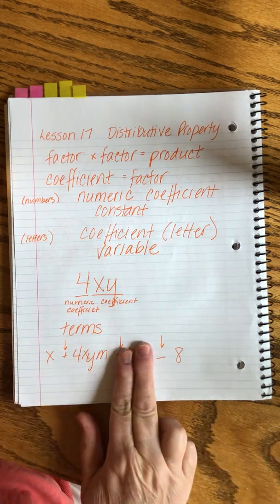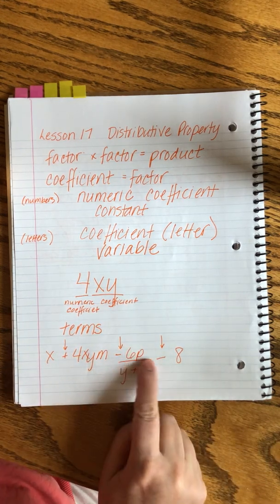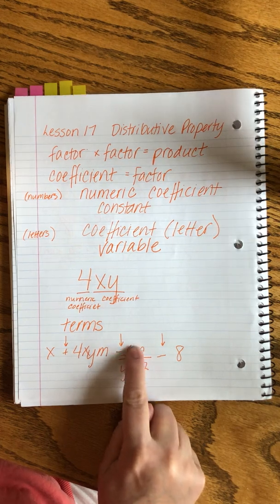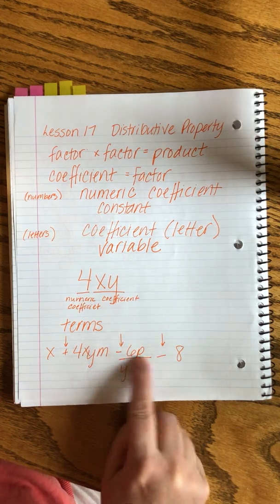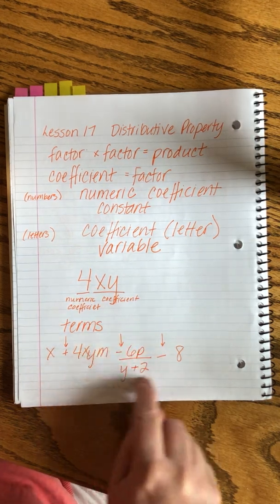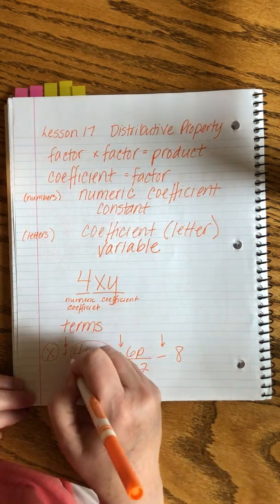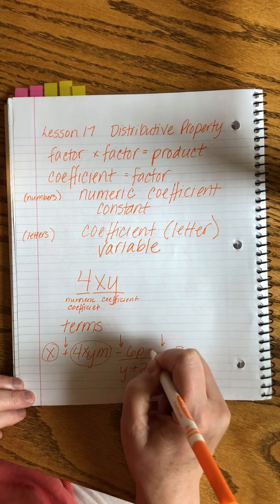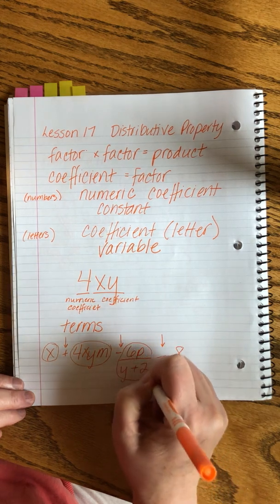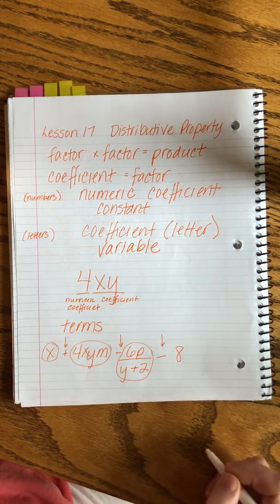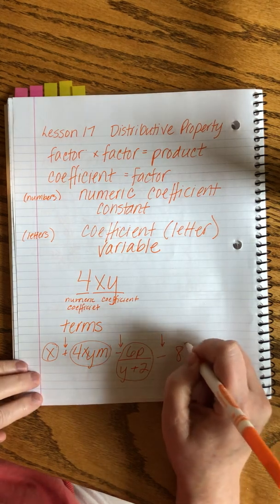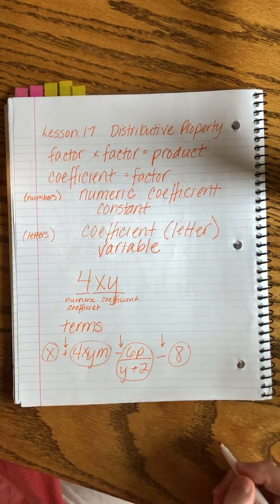I can see that's a clump, so I know that's a term. This plus sign is connected to the top by this division bar, so that all lives by itself. So X is a term, 4xy is a term, 6p plus y over 2 is a term, and 8 is a term.